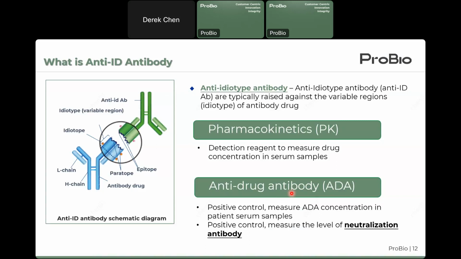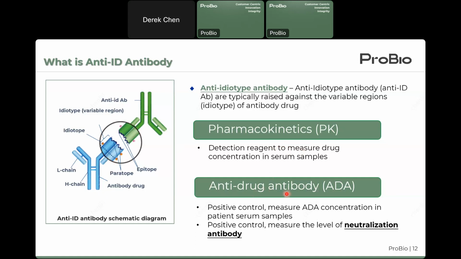It is a type of anti-drug antibody that can specifically recognize the variable region of each drug. This specificity enables the anti-idiotype antibody to become a useful tool to measure the drug concentration in serum samples, which is the PK studies.